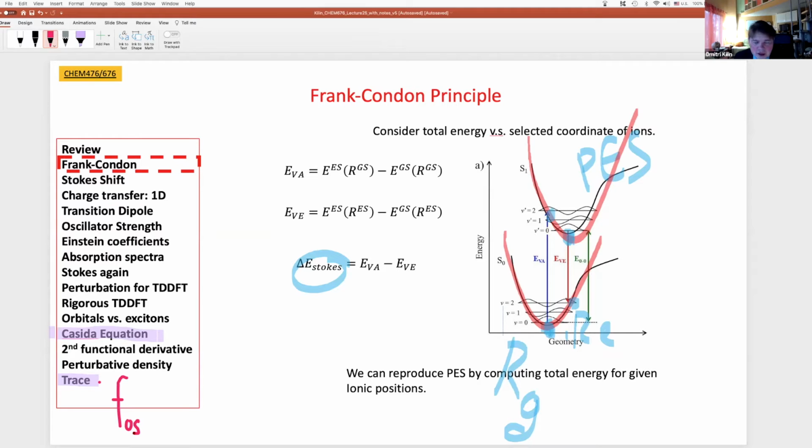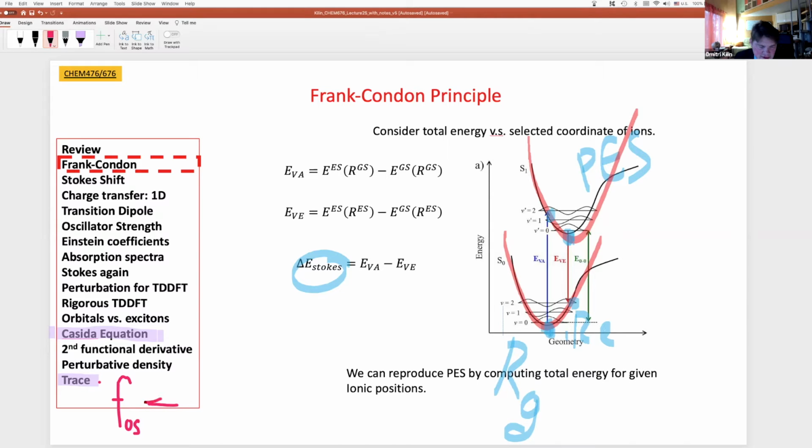Our present tools depend on orbital differences, so we are in the independent electron picture. Later on, after we cover this new theory, oscillator strengths will be computed more precisely.